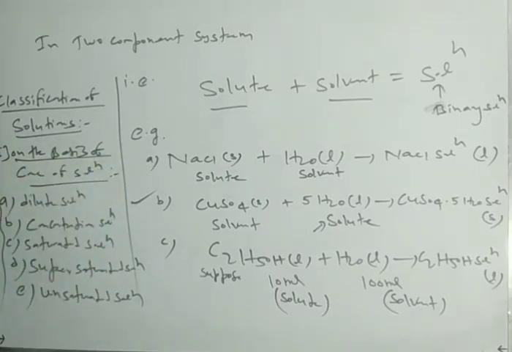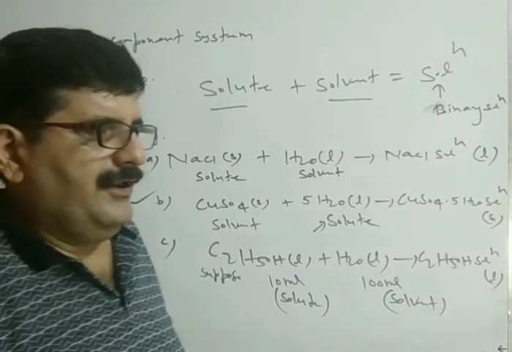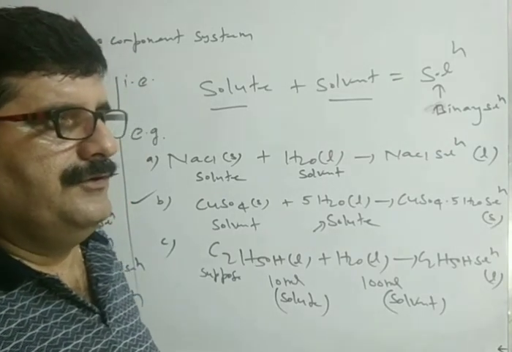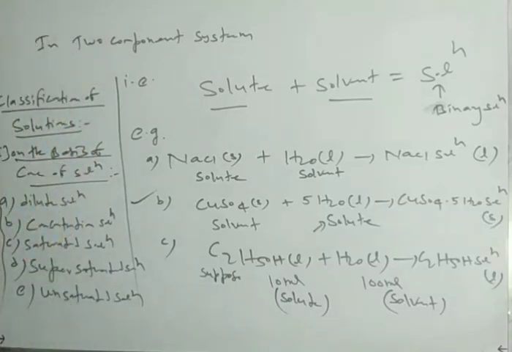Dilute solution means solute is lesser and solvent is always in excess. Concentrated solution means a relatively large amount of solute dissolved in a small amount of solvent. Saturated solution means the maximum amount of solute in gram that can be dissolved in 100 gram of solvent. Supersaturated means a solution containing more solute than that required for saturation of a given amount of solvent at a particular temperature.